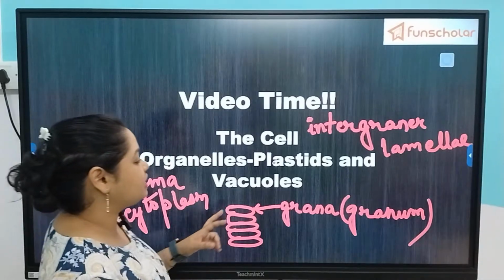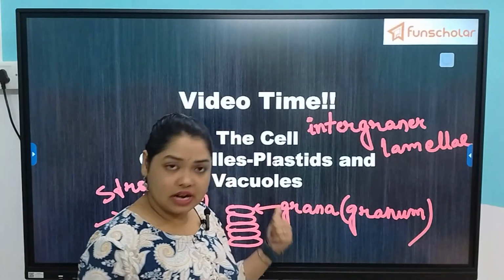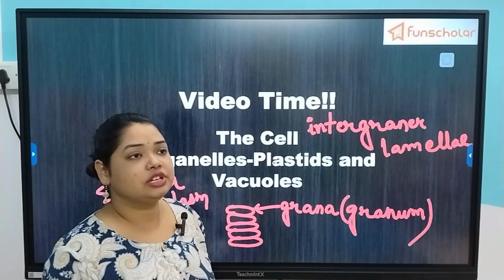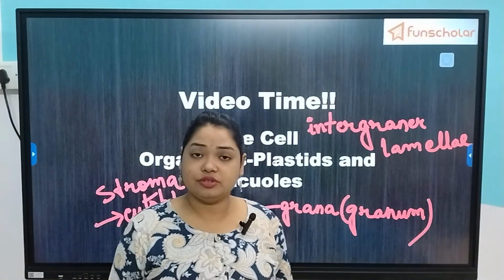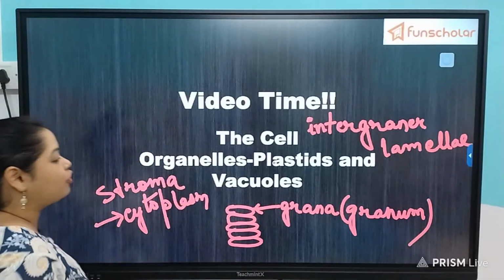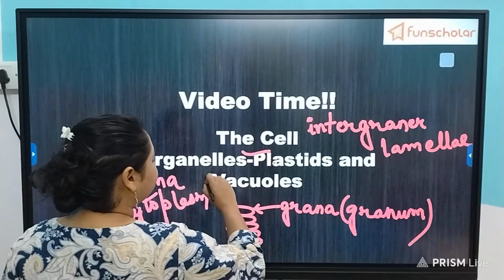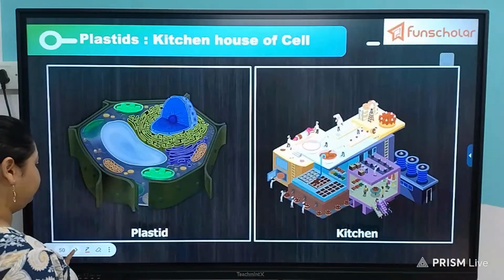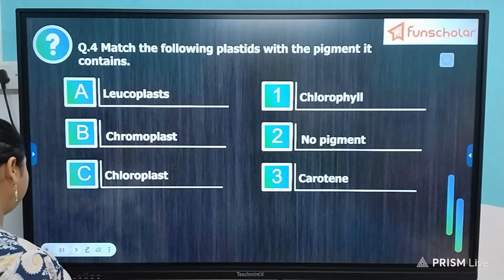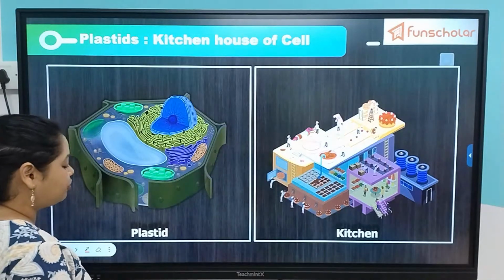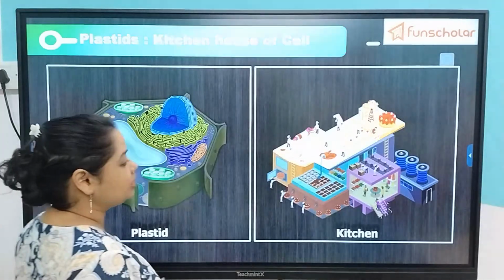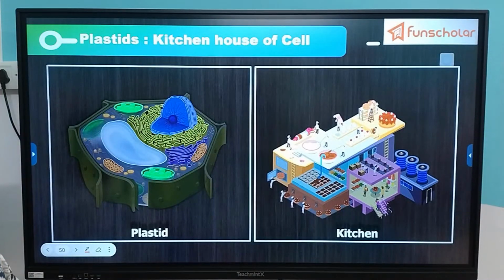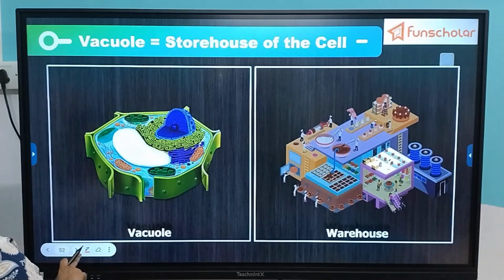Now these plastids are particularly for the plant cell, we know, and we have discussed when we had actually seen the differences between the plant and the animal cell. Both the plastids and the vacuoles are important parts of the plant cell only. So since plastids are the sites of photosynthesis, particularly the chloroplast, that is compared to the kitchen of the chocolate factory.